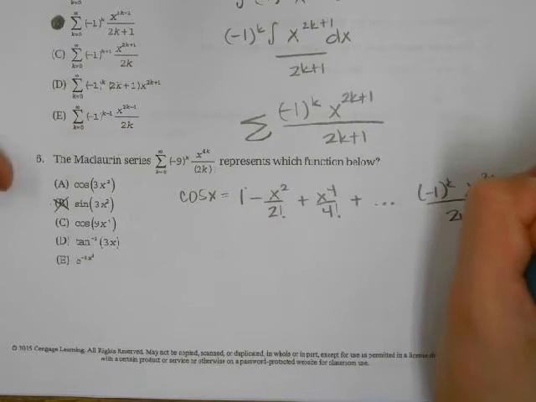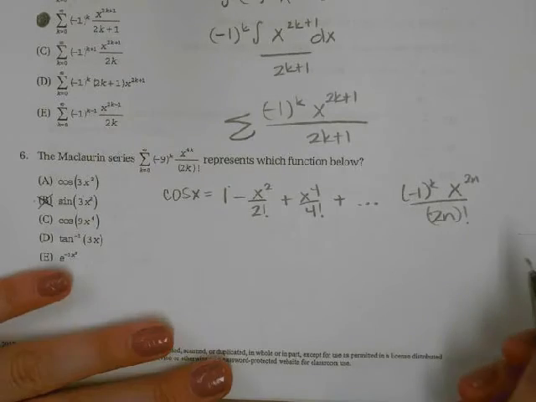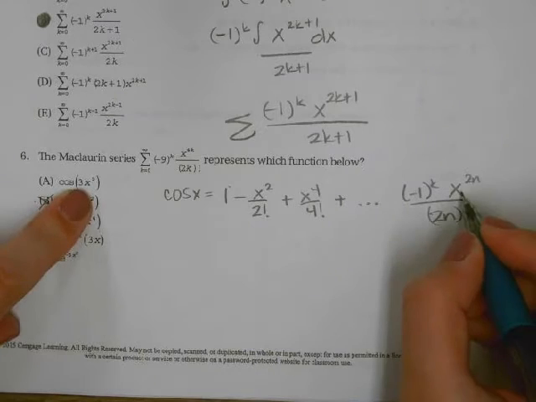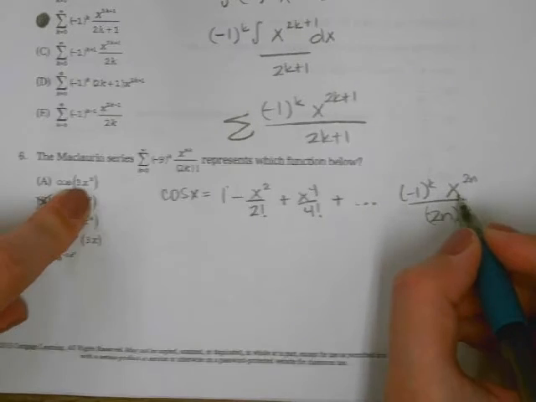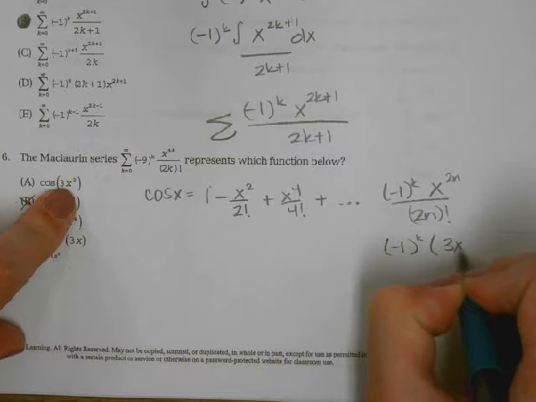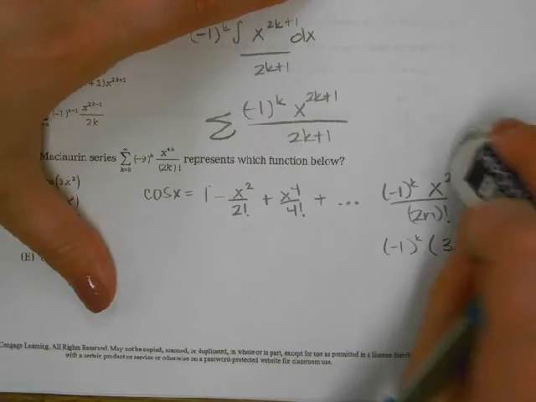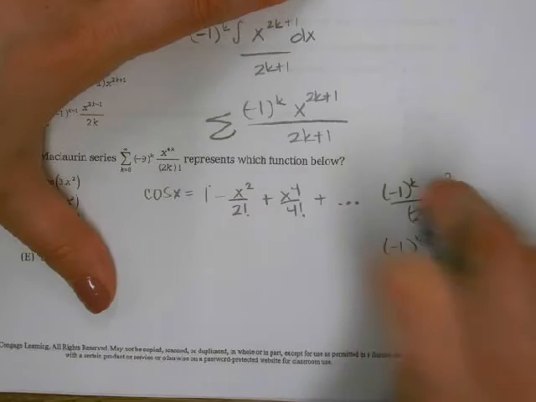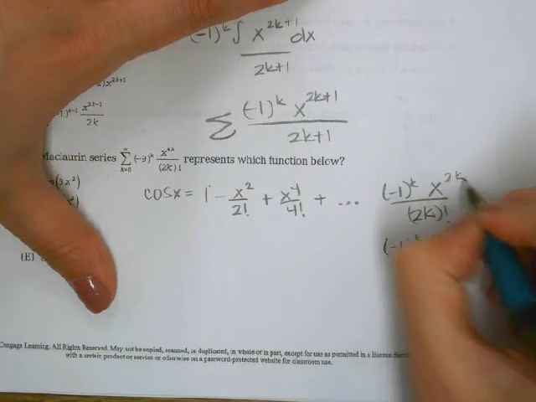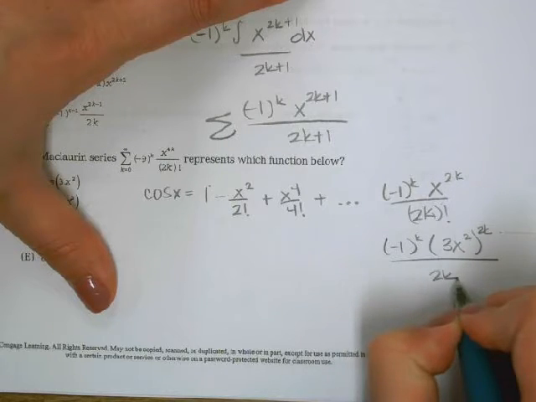And so once I had this, I thought through plugging each of these things into it. So if I have 3x squared being plugged in for x, that would be -1 to the k, and then 3x squared. Actually, these are all in k's, let me do k instead. To the 2k over 2k.